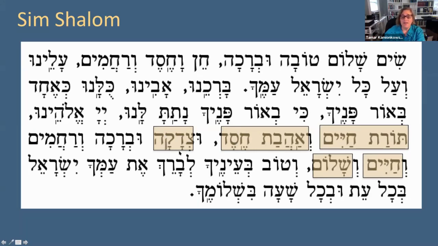Tzedakah, a lot of people recognize from later Hebrew. Tzedakah we associate a lot with charity, with giving. In these kinds of texts, the earlier texts, tzedakah really means righteousness, acts of righteousness.